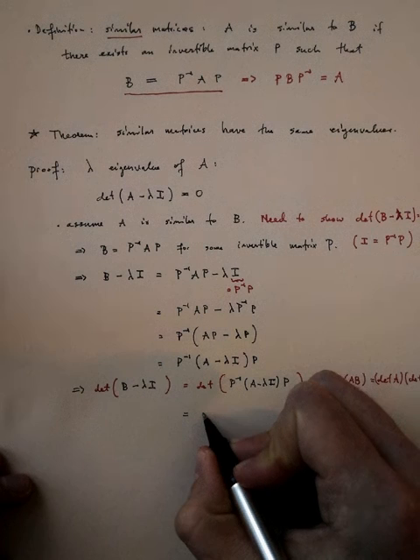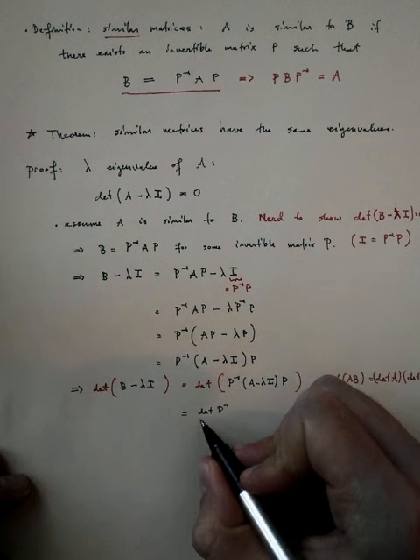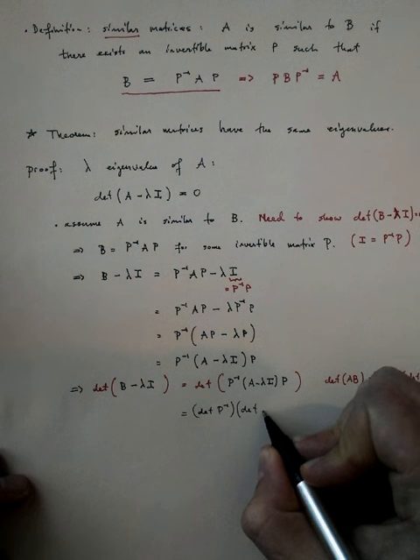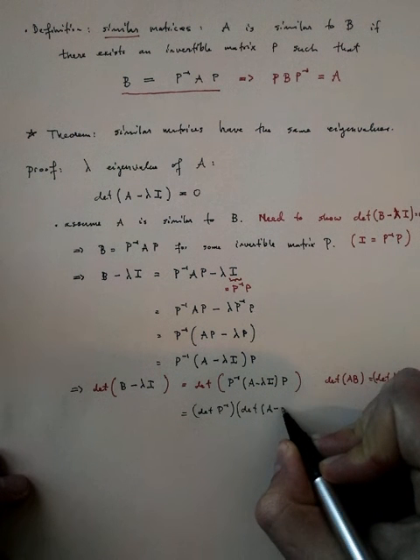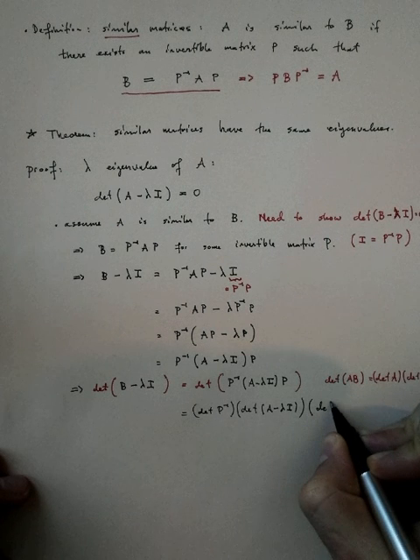So this is equal to determinant of P inverse, determinant of A minus lambda identity, and then determinant of P.